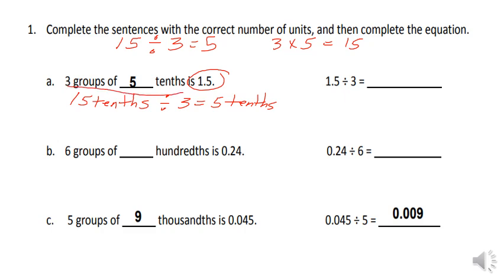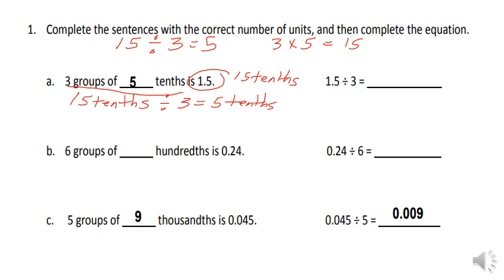So that means 3 groups of 5 tenths equals 15 tenths. And this is how 1.5 would be written in unit form, 15 tenths.